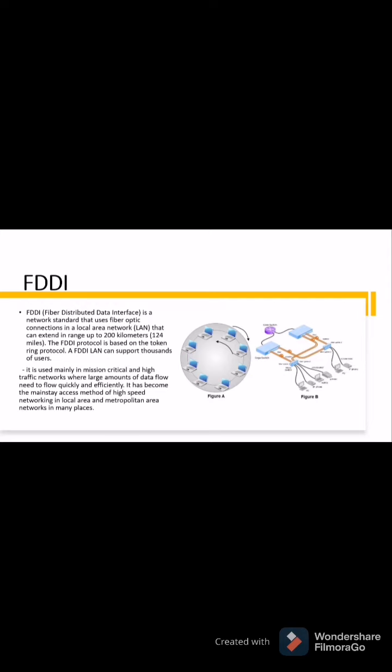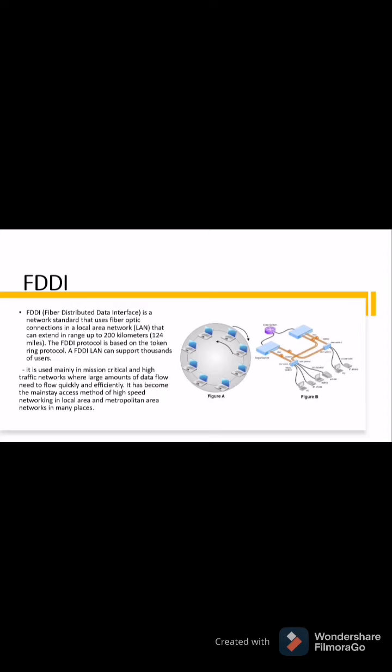As you can see in figure A, it is the example of the Token Ring protocol, and it is where FDDI was copied or reassembled from.